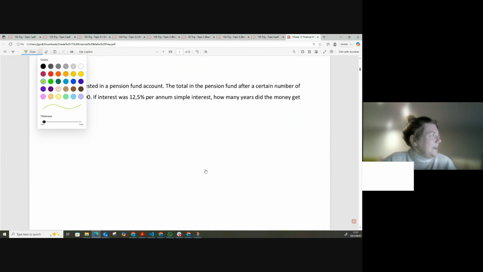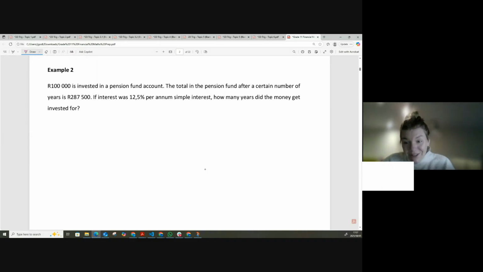So let's break it down again. We're going to get very good at this. We're going to write our little grocery list, A, P, I, N. Okay. 100,000 Rand is invested in a pension fund, and that is what is being invested.